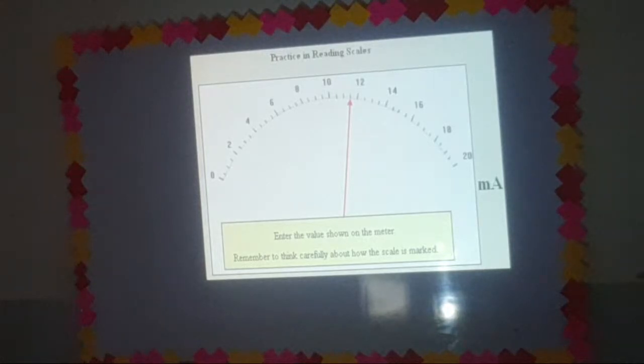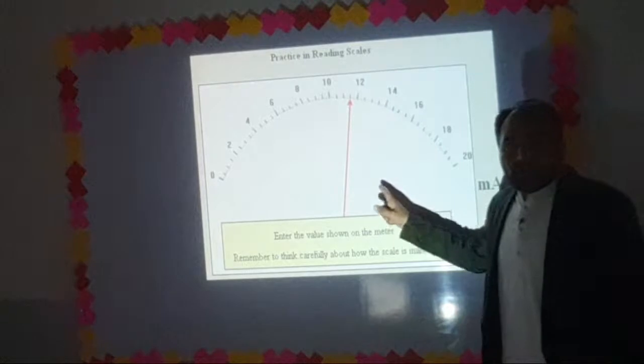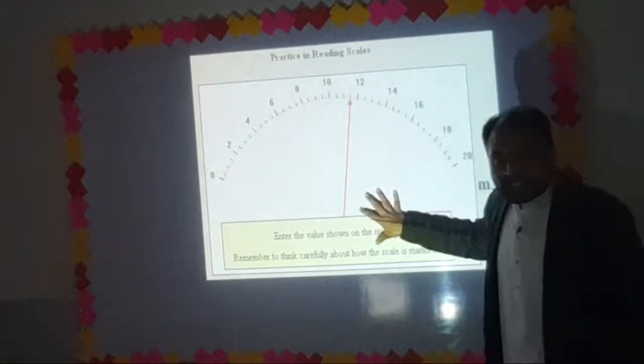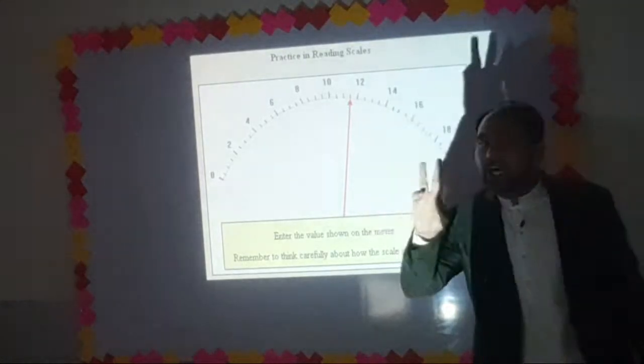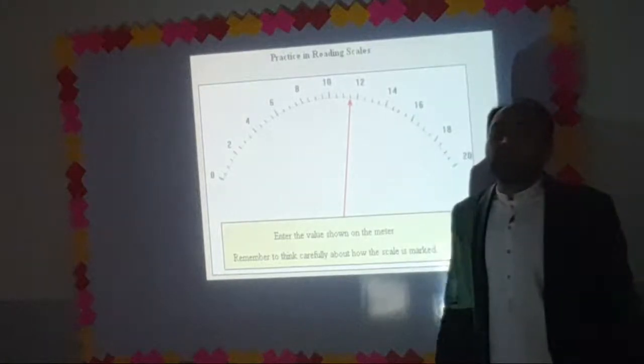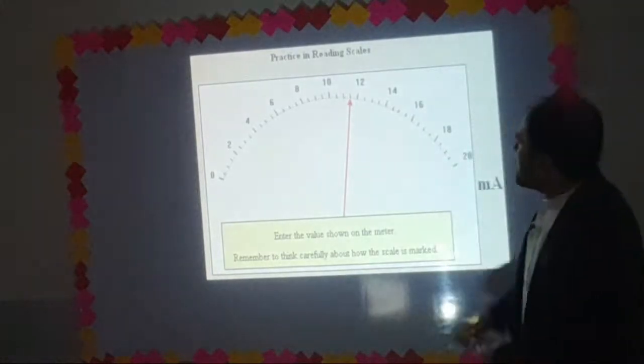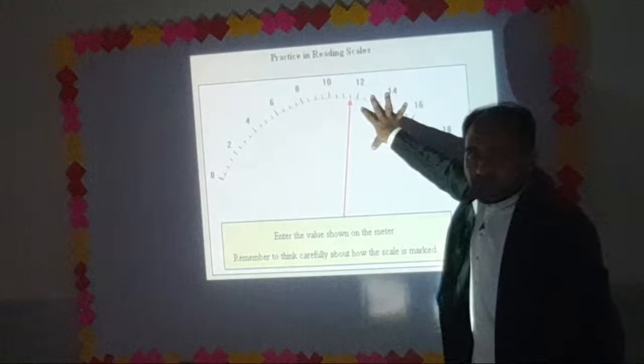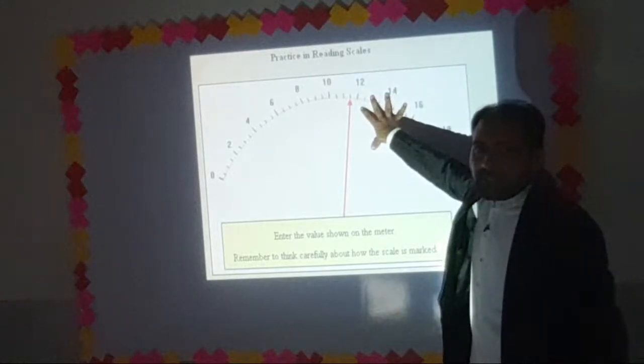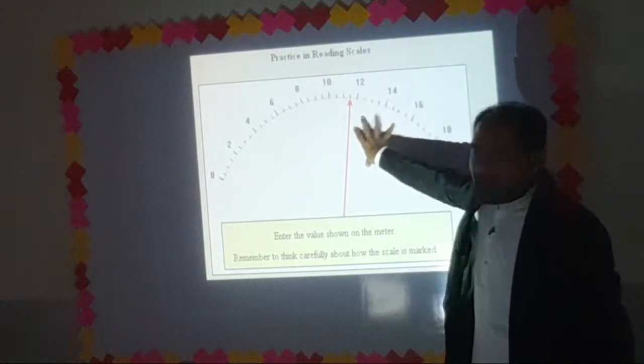First of all, in order to write the reading of a device, three things are very important. The one thing is you must be able to predict the name of the instrument, the name of the device.